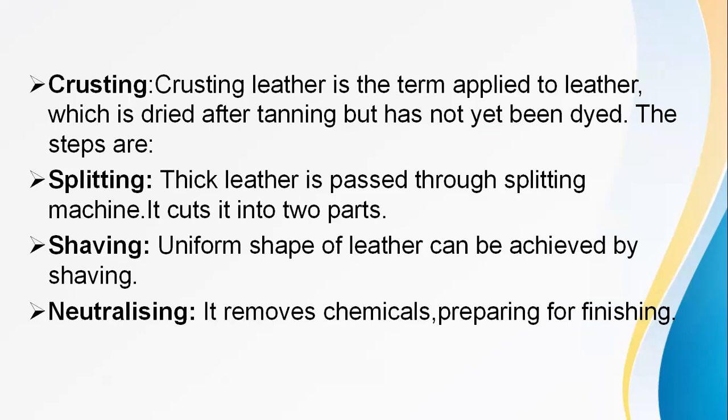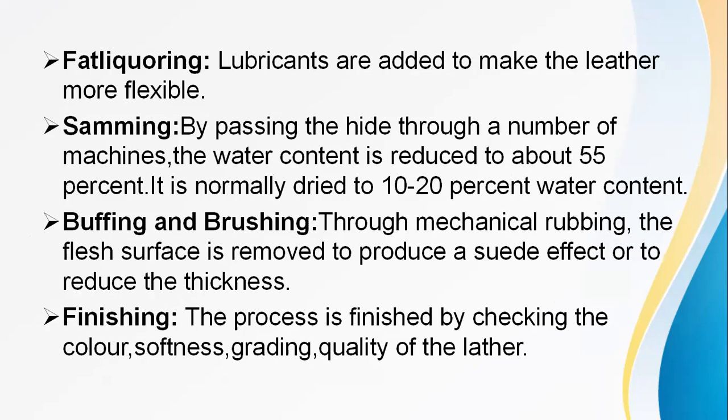A uniform shape of leather can be achieved if we need it. If smooth leather is required, we can perform the technique of shaving. Neutralizing removes the chemicals, preparing for further finishing. The leather is going towards its last stages, so it is required to prepare it for finishing and to remove the chemicals. Moving towards the next slide.